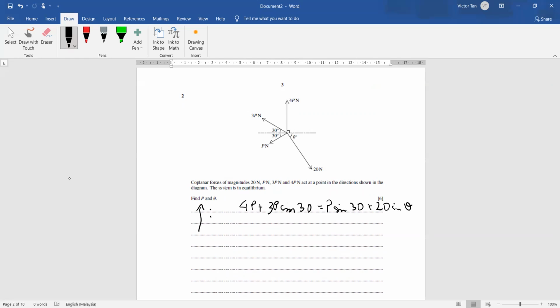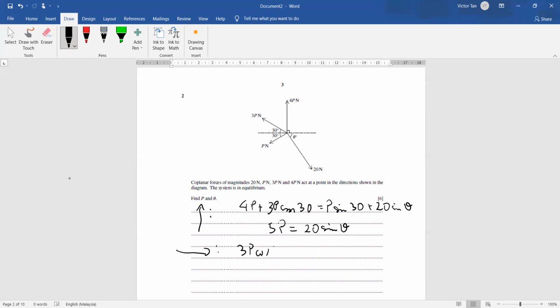Sine 30 is half. So 5P, sorry, equals 20 sine theta. Resolving horizontally to the left.